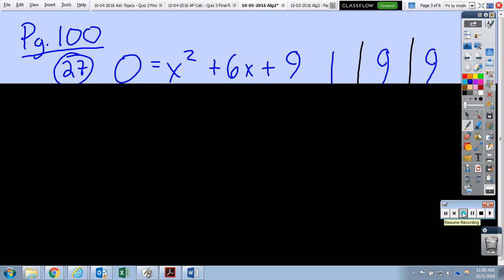Okay, so this is very similar looking to the problems that you had on the quiz. If you look at the right-hand side, it's a quadratic. So how would we go about factoring this on the right-hand side? How would we go about factoring this?